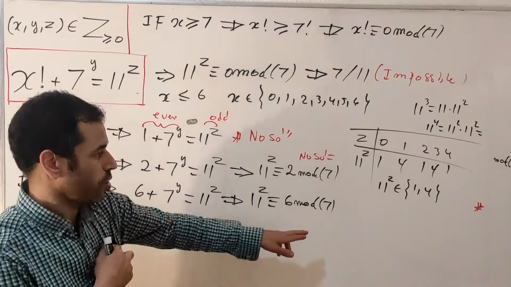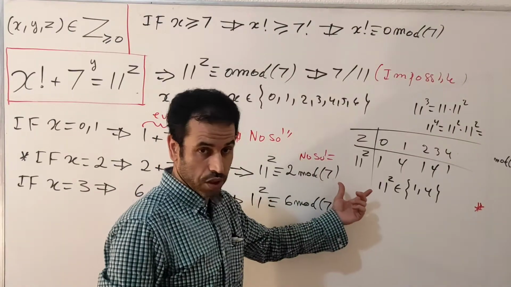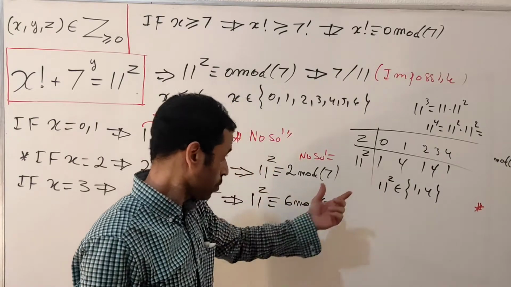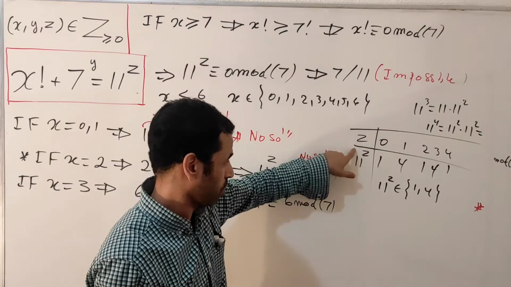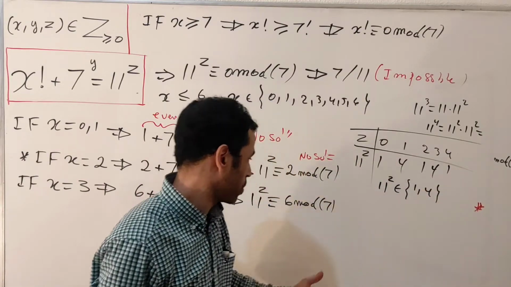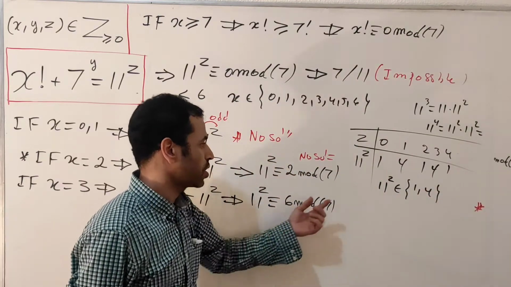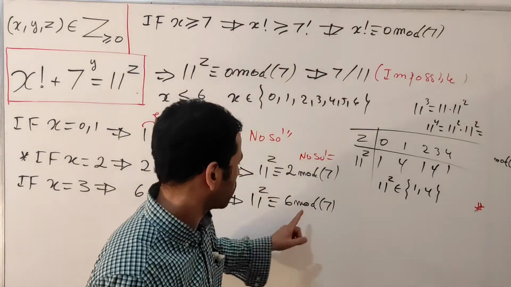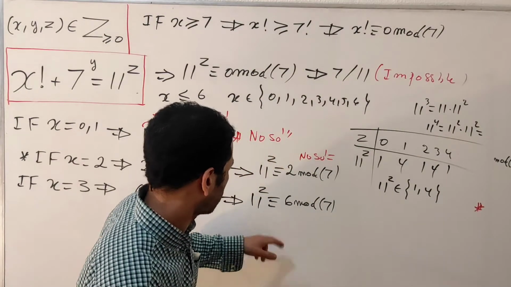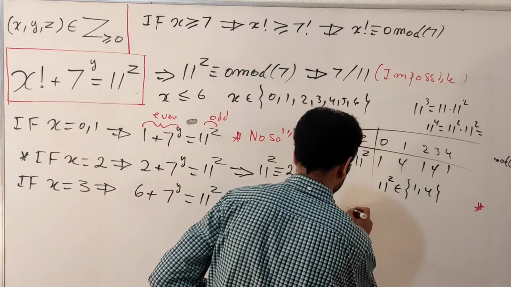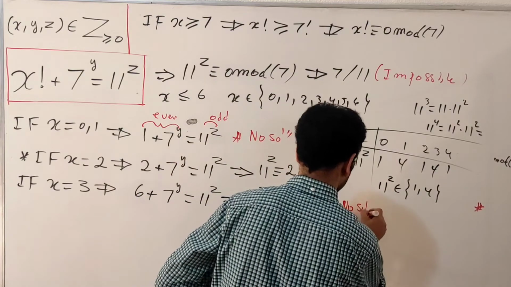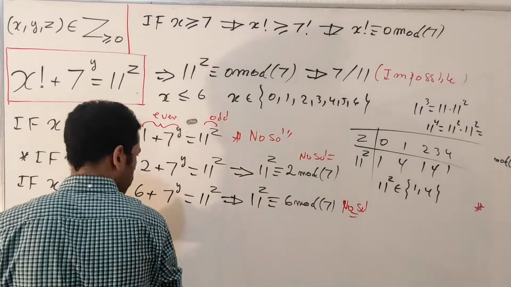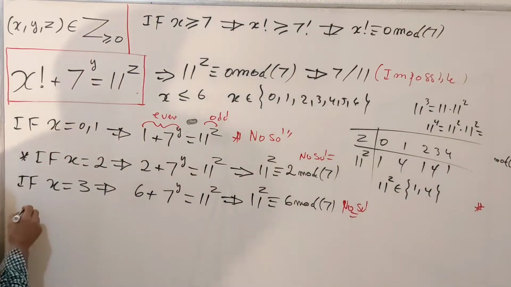So we are going to use the same chart as is, because it depends on 11 to the z mod 7. Since number 6 is not in this set, we have no solutions for this one either. No solution. Let's move on to the next case.